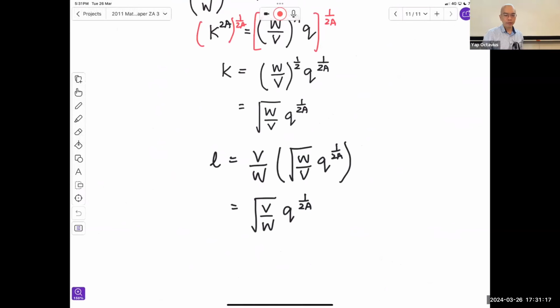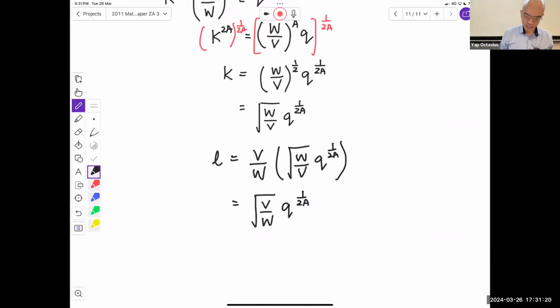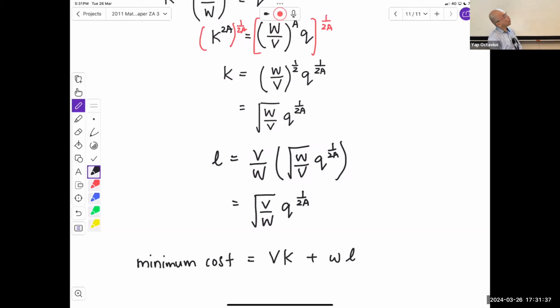VK plus WL, the minimum cost is equals to your VK plus WL. Okay, we need to show that. Y'all do first. Try it. See whether you can get the answer or not.